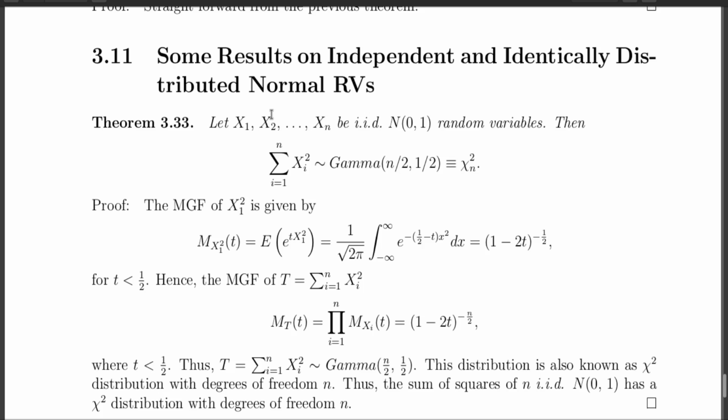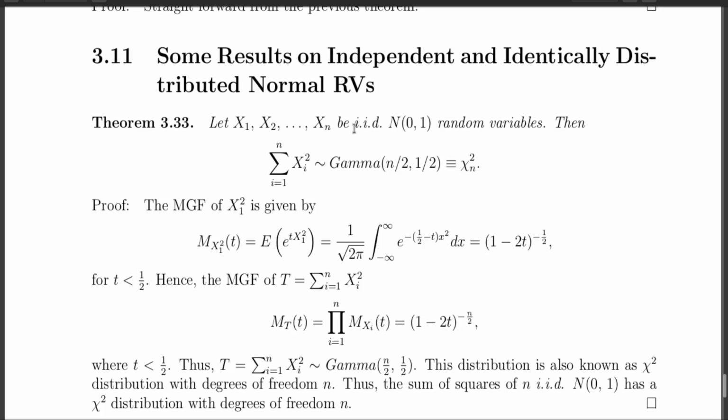The theorem says that this random variable, summation xi square, i equals 1 to n, has a gamma distribution with parameter n by 2 and half. N is basically the number of random variables present here.